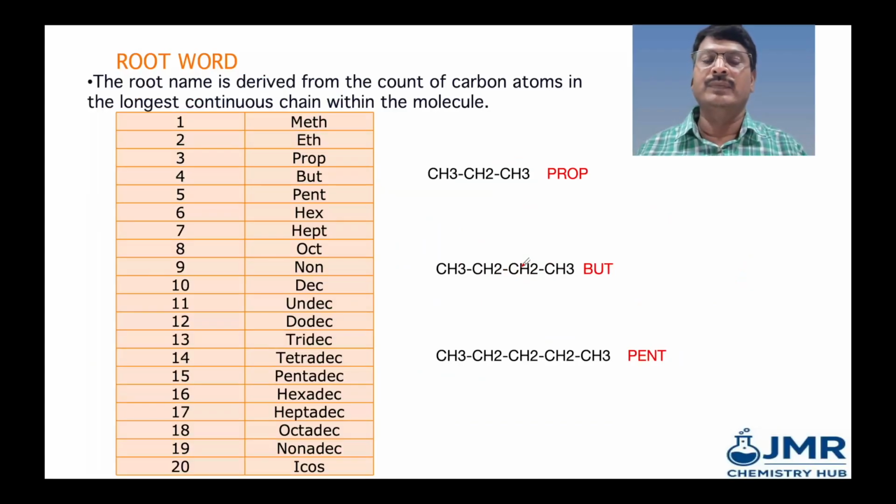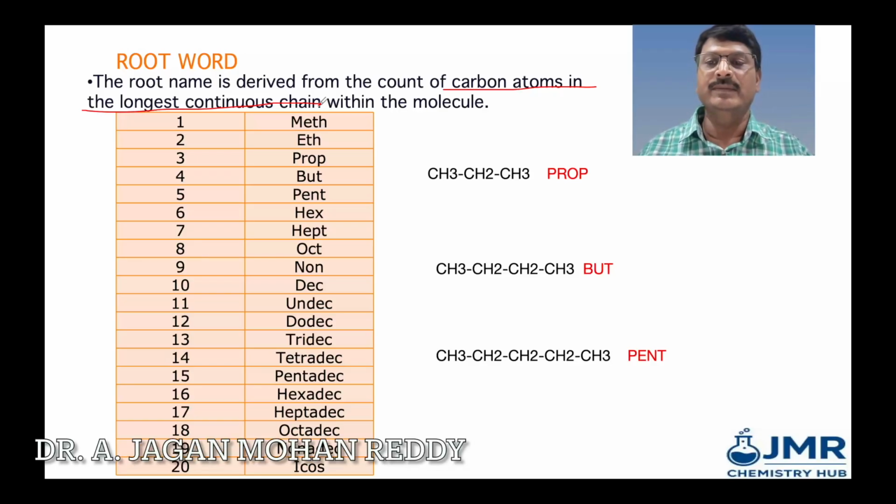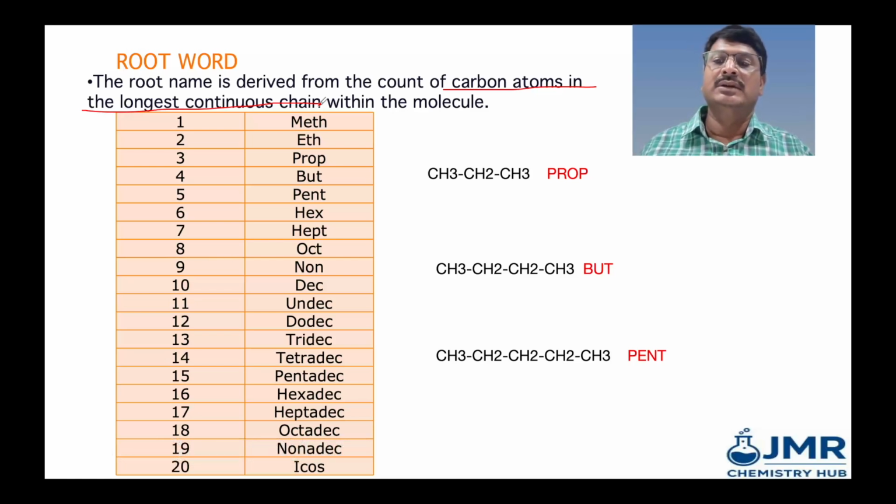Root word. The root word name will be given depending upon the number of carbon atoms present in the continuous longest chain. If any compound contains branches, in that case you have to select the continuous longest chain, and count how many carbons are there in it. According to that number of carbons, you will give the root word name.